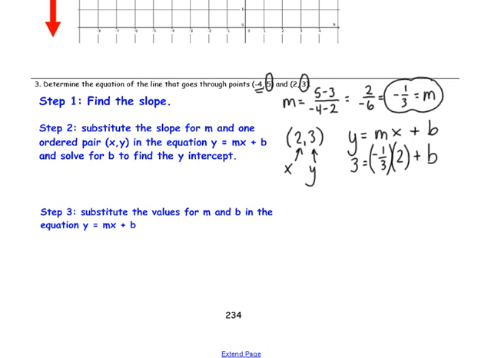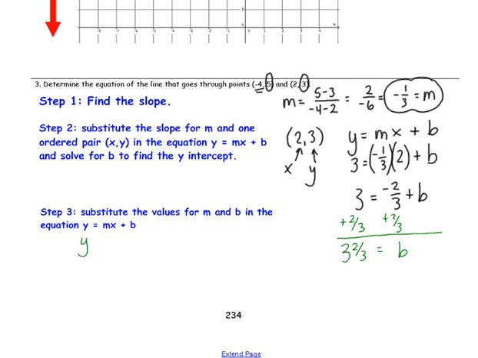Simplify first. -1/3 times 2 is -2/3. Bring down the rest of the equation. Solve for b. Add 2/3 to both sides of your equation. B is equal to 3 and 2/3. Step 3. Substitute the values for m and b in the equation y equals mx plus b.